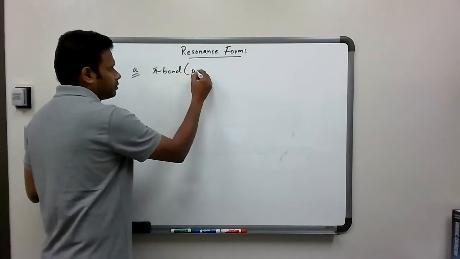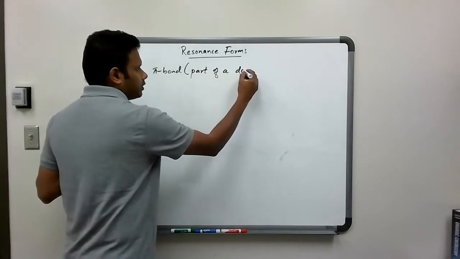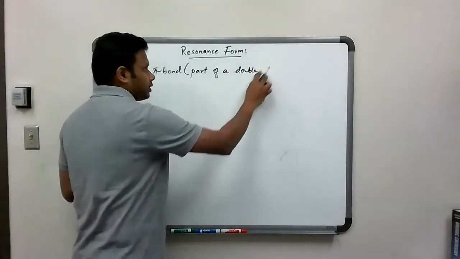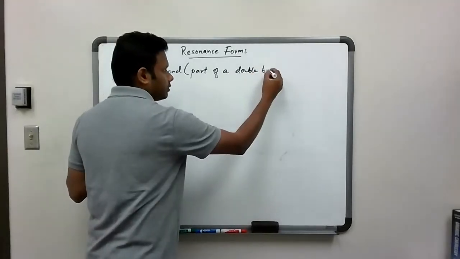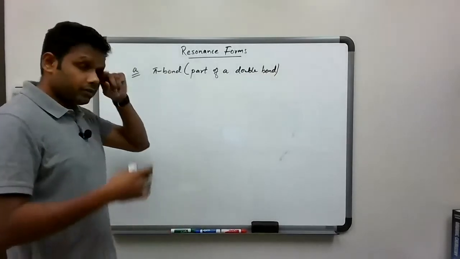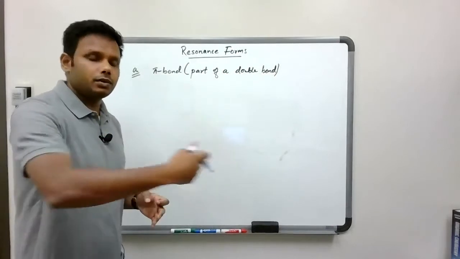And so when we have a pi bond, you have to realize this is part of a double bond, because you cannot have a pi bond by itself. A pi bond always exists in addition to a sigma bond.